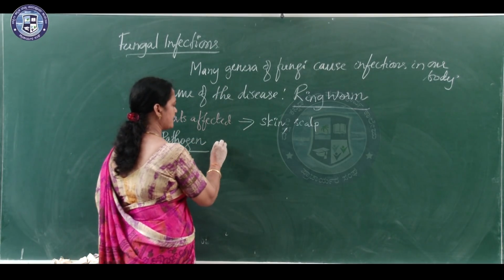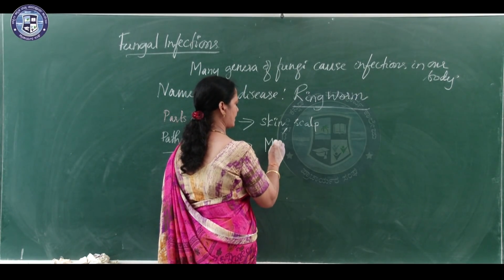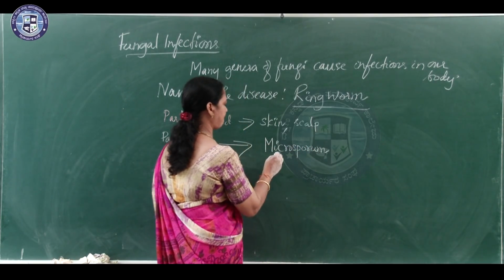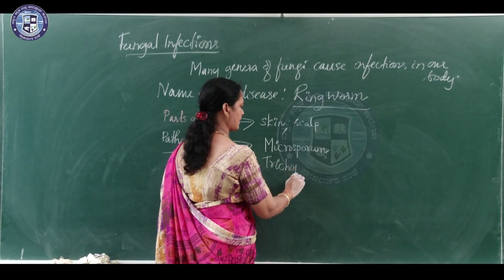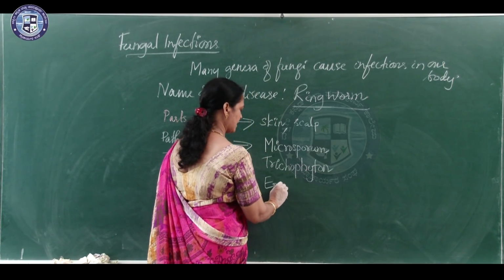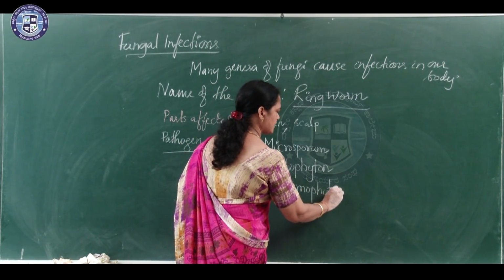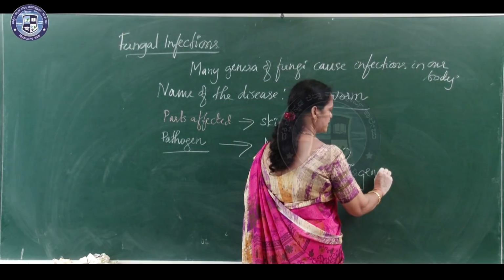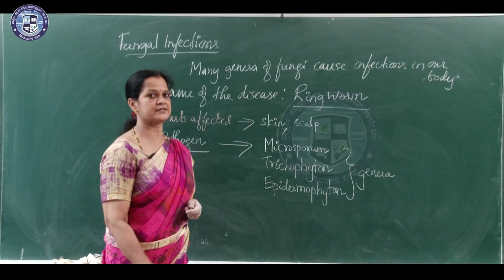Pathogen or causative agent: Microsporum, Trichophyton, Epidermophyton. These are the genera which cause ringworm disease.